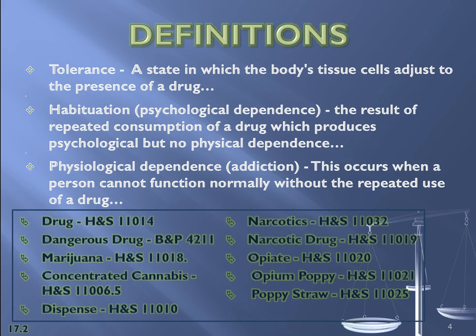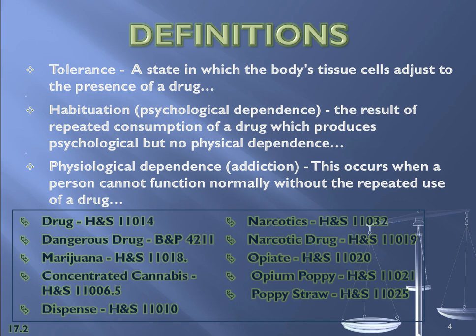But it does make sense when you talk about tolerance, especially that last line, talking about increasingly larger doses being necessary to produce that normal desired effect. Hopefully that makes sense to everybody.